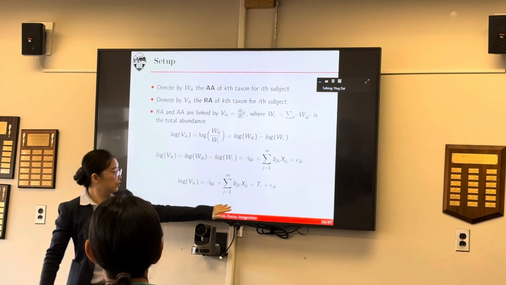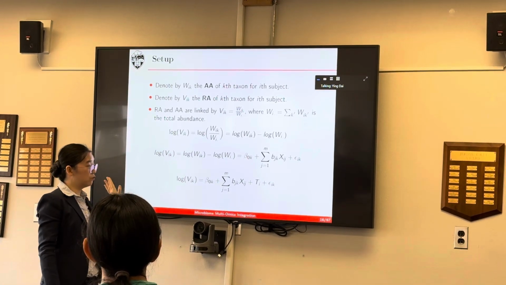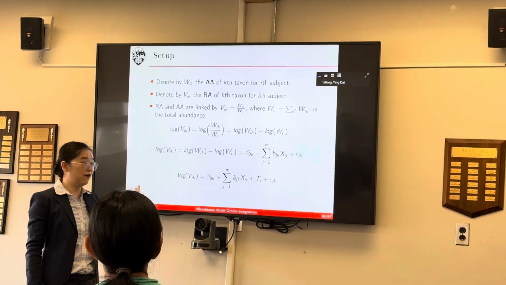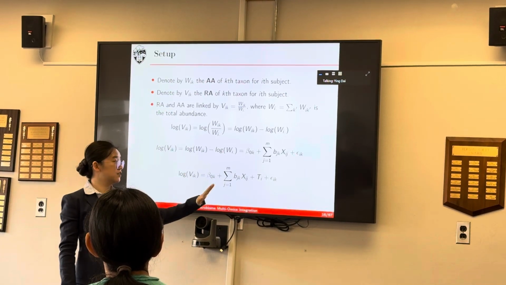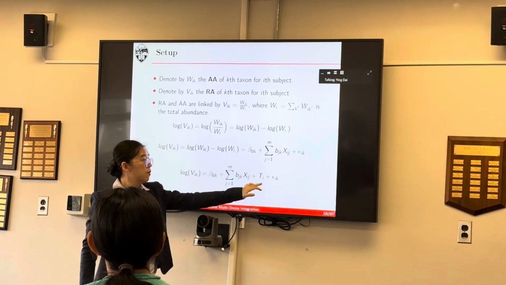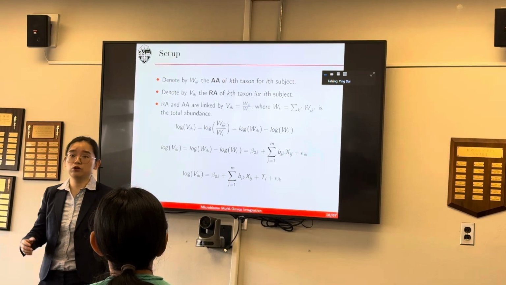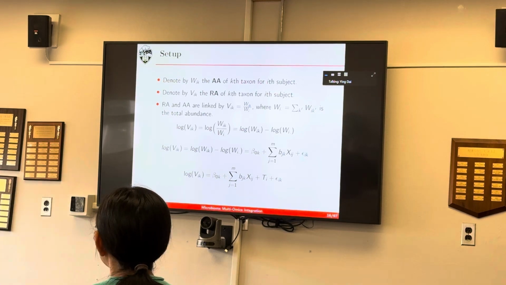So eventually we have the formula at the bottom: on the left-hand side we have RA, on the right-hand side we have our regular terms of linear regression, but we have an extra term, T_i, which is trying to handle the total abundance.